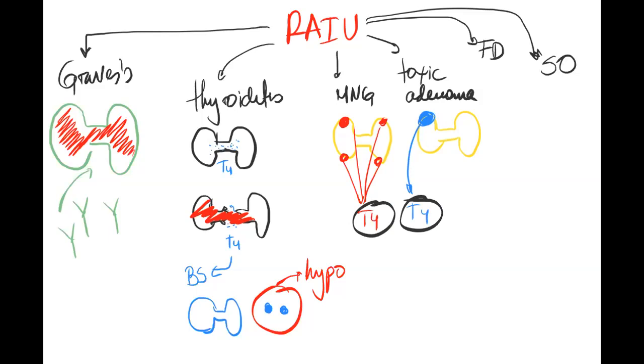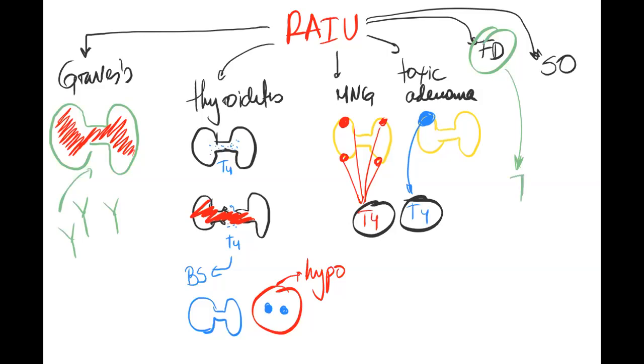And in the factitious disorder, the main problem is that the patient probably is a health worker. Probably is a doctor or a nurse that is taking a lot of T4.